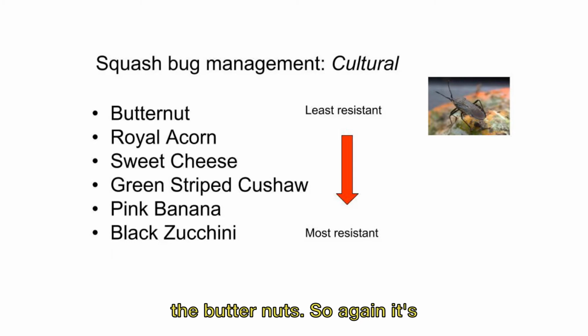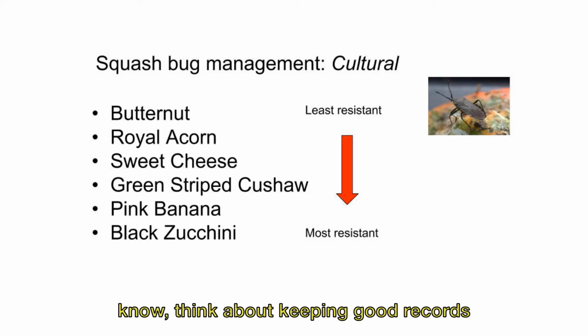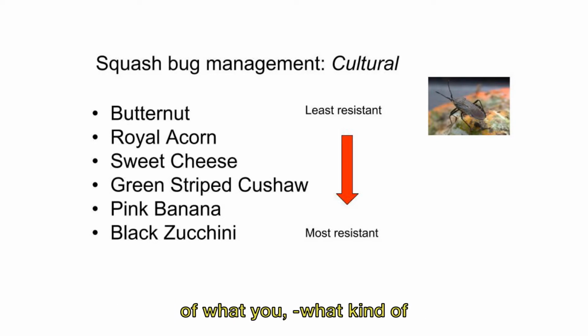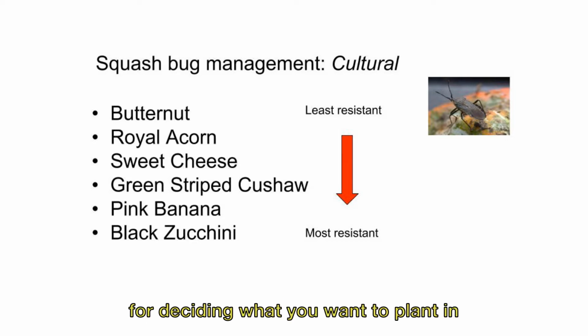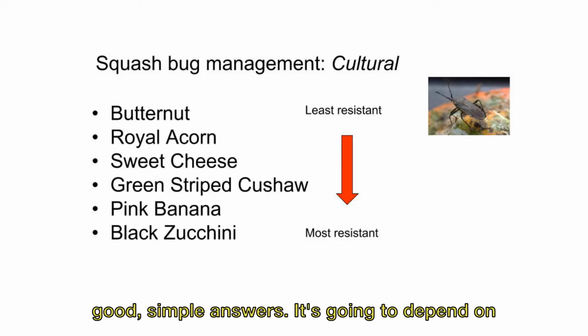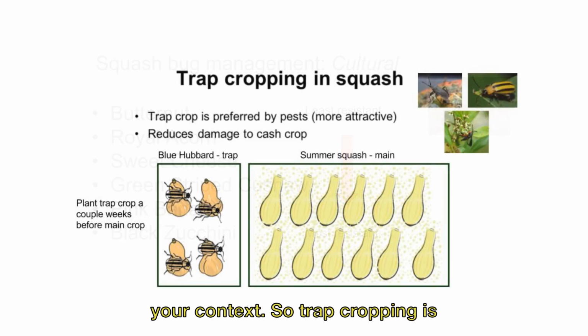So again, it's kind of a mixed bag. And this is where I would think about keeping good records of what kind of pest pressure you have in a given year, which might be a good idea for deciding what you want to plant in a subsequent year. It's kind of a balancing act, and there's no real good simple answer. It's going to depend on your context.